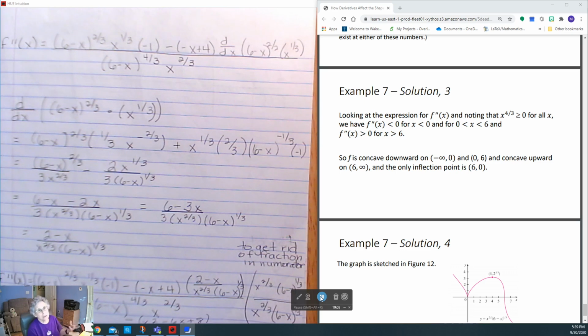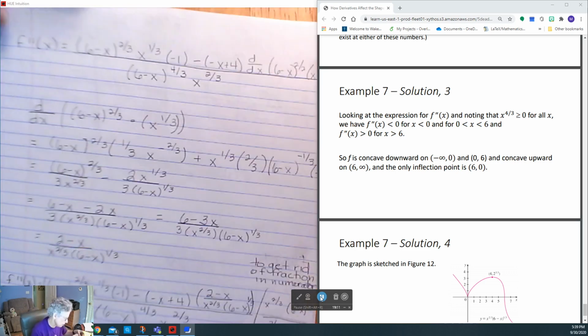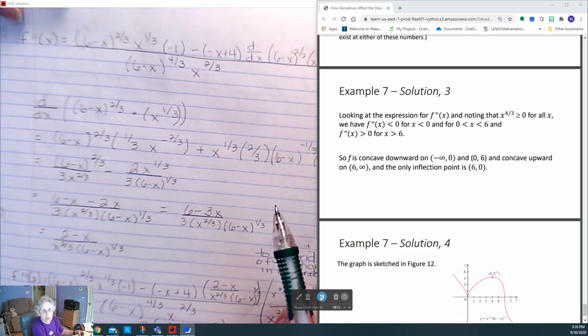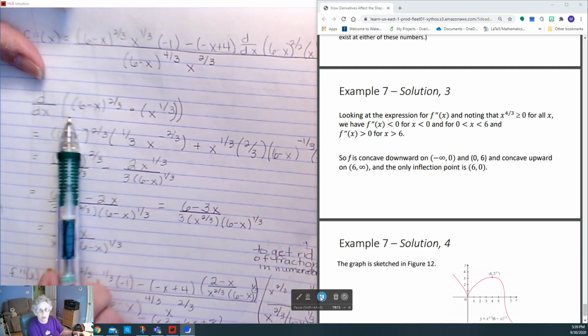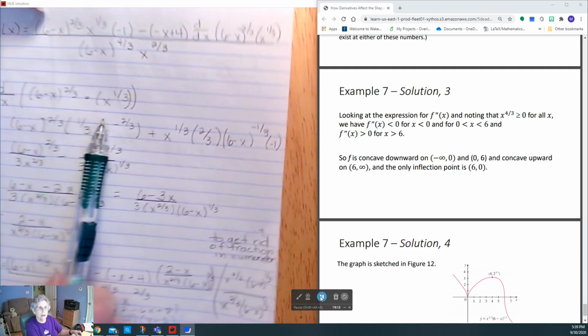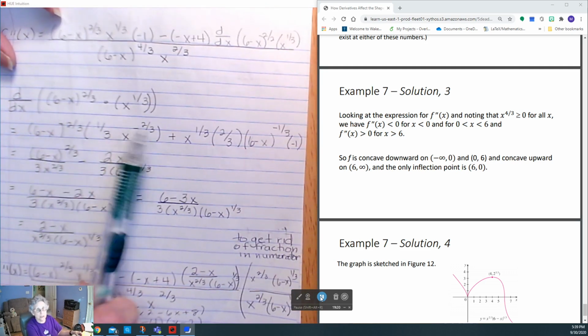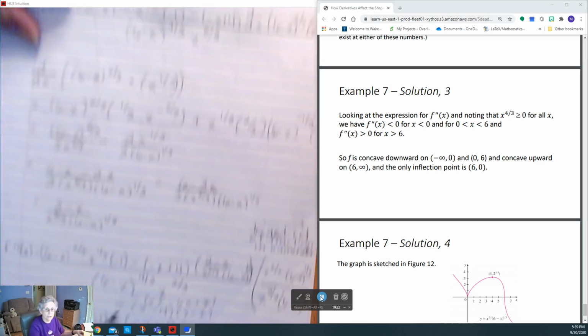I will post this and you can look at it and see that it is amazing that I made it through this with no algebra errors. But low D high, less high D low. Within the low D high, high D low, I had to do a product rule, first D second plus second D first.